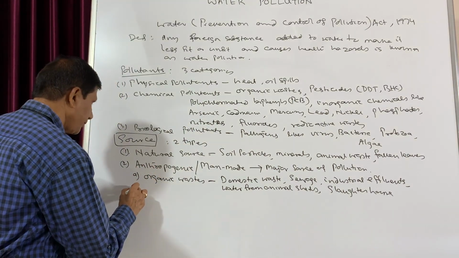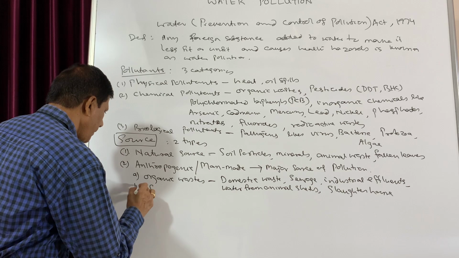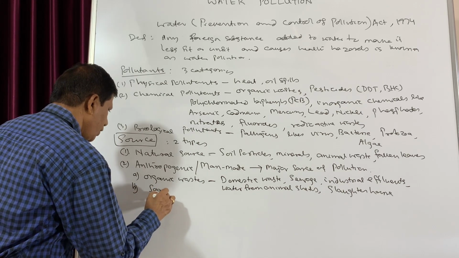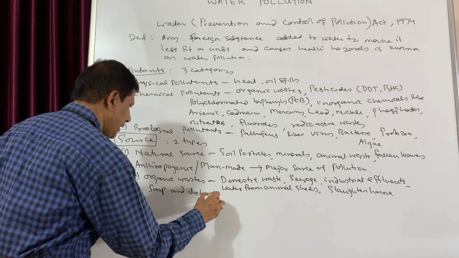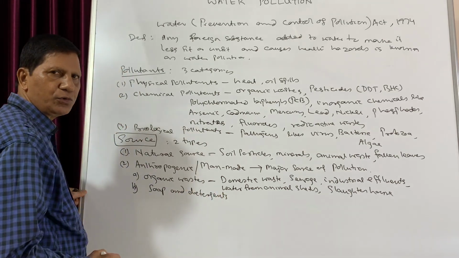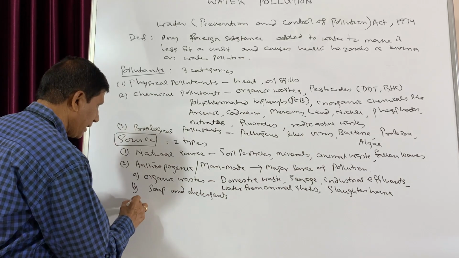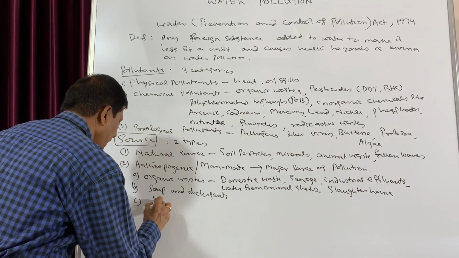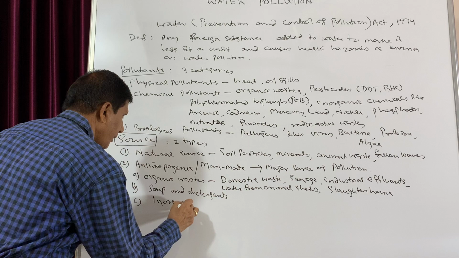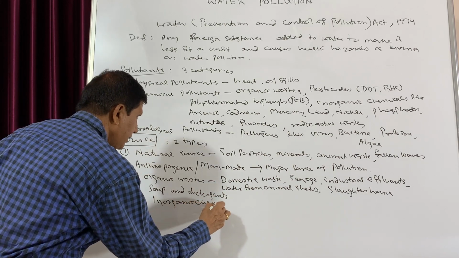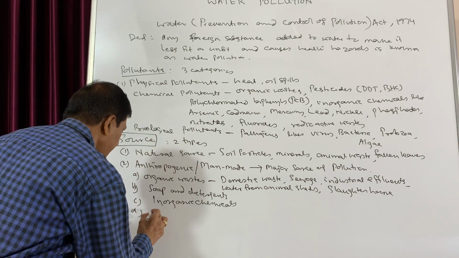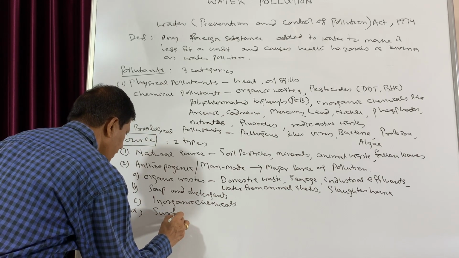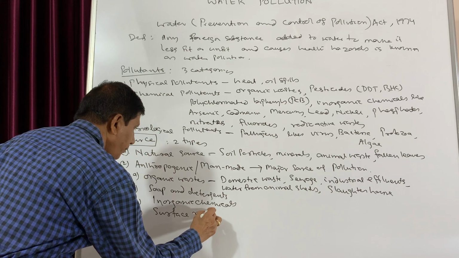The second one is the soap and detergents that we usually use. The third category is inorganic chemicals. And the fourth one is surface runoff.